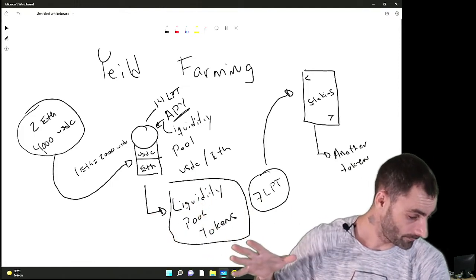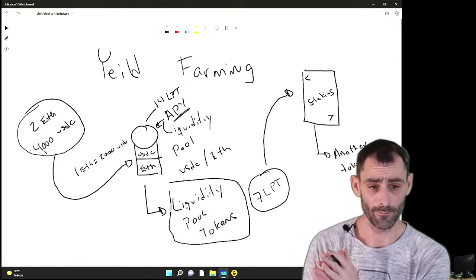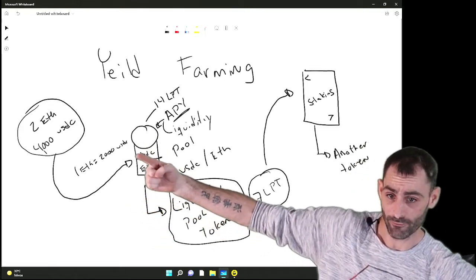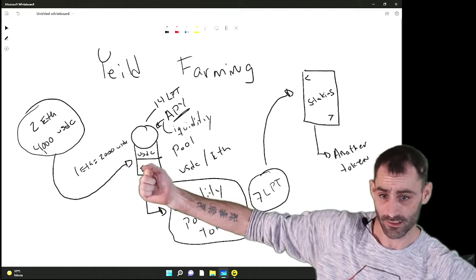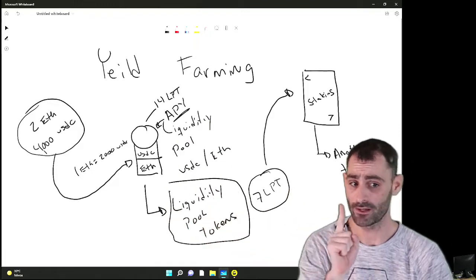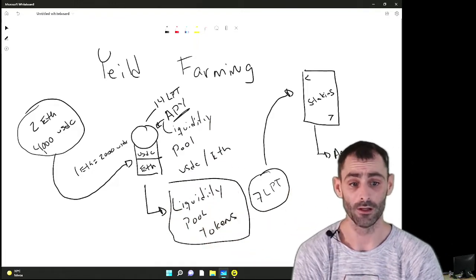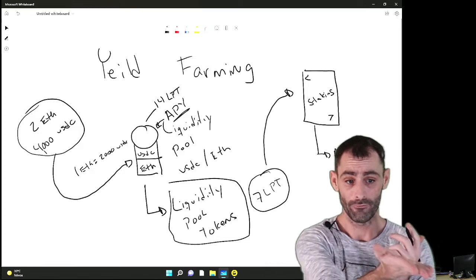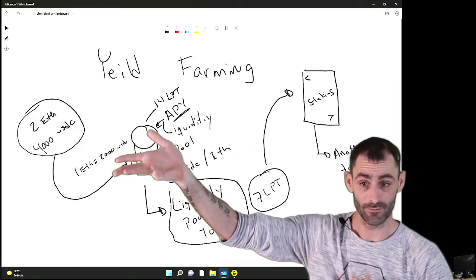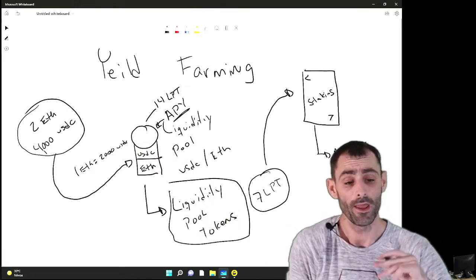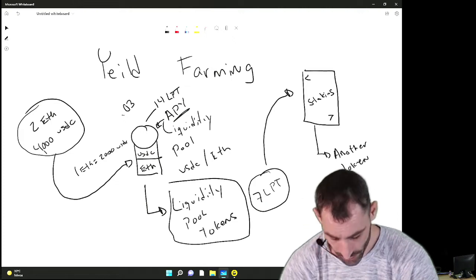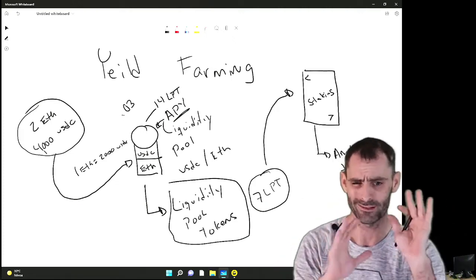So remember, every time there's a trade over here, if someone trades Ethereum for USDC coin, or if someone trades USDC coin for Ethereum, every single time there is a trade, there is a liquidity provider trading fee. So whoever's making the trade, if you want to buy some Ethereum from here, you're going to have to give them some United States dollar coin to get your Ethereum, and they're going to levy a small fee. That small fee is typically 0.3%. So it's not even a full percent, it's 0.3%.